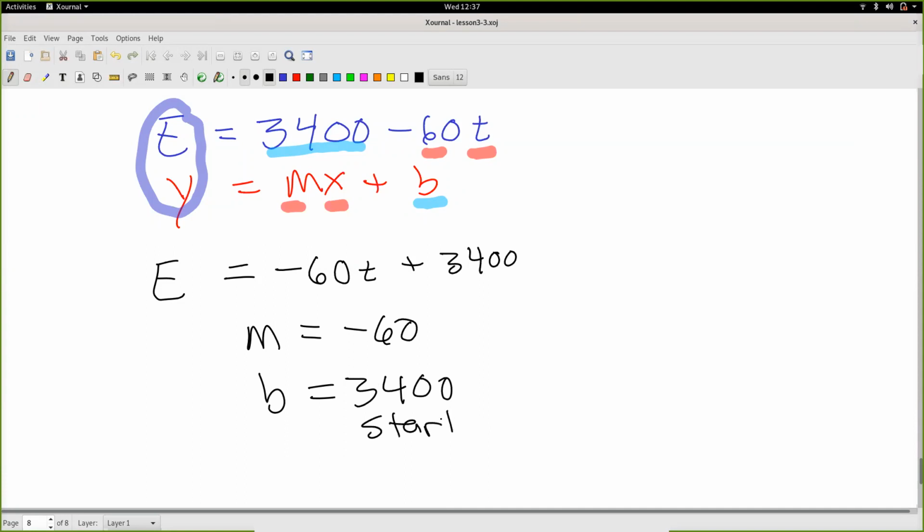That's what we call that. What am I starting here? Well, it says E equals, so the starting value here must be the starting elevation. So it looks like my version of Terry started at 3,400 feet.